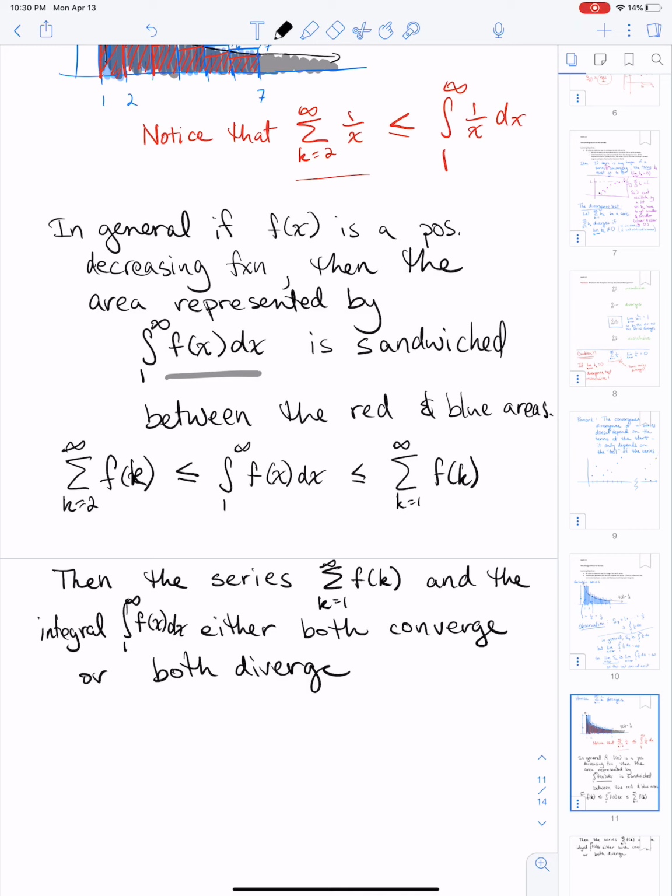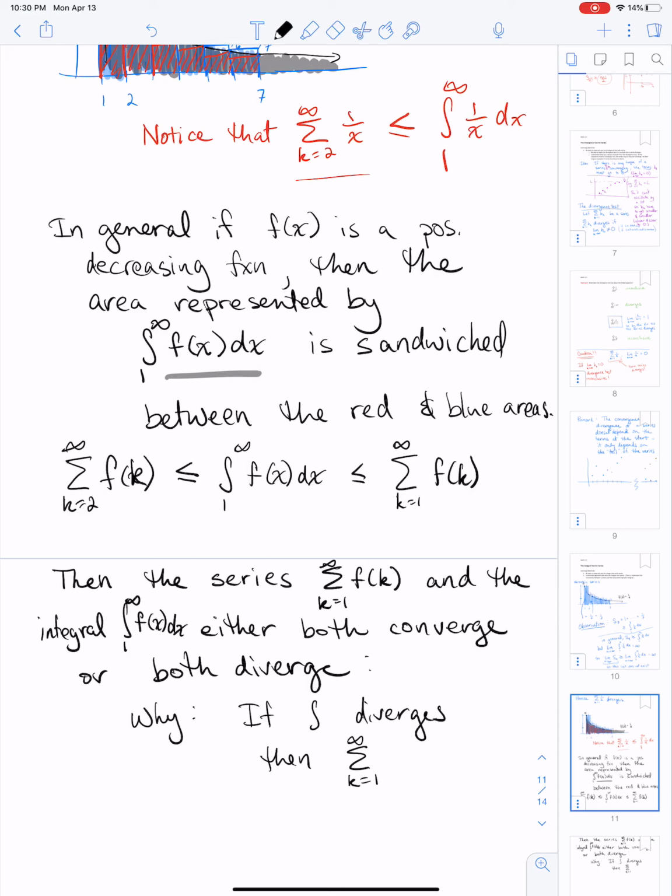If the improper integral diverges, why? If the integral diverges, then the sum from k equals 1 to infinity must also diverge.